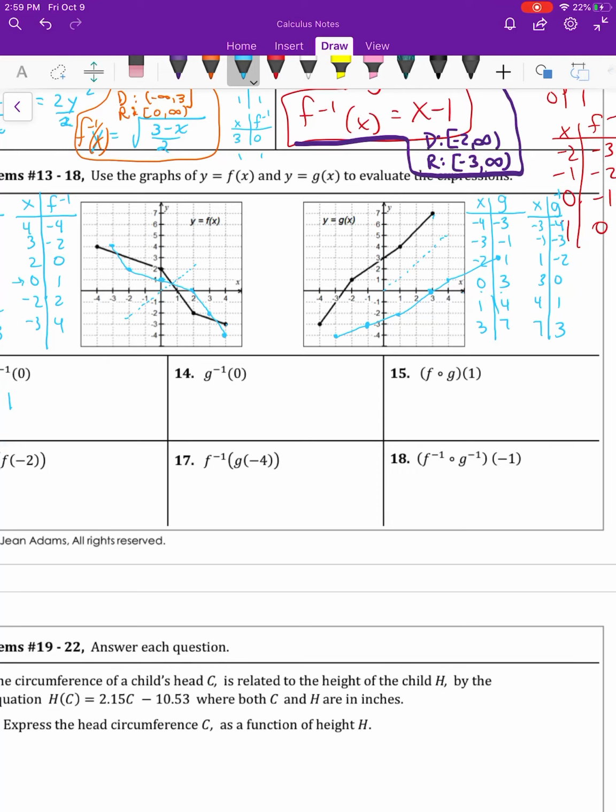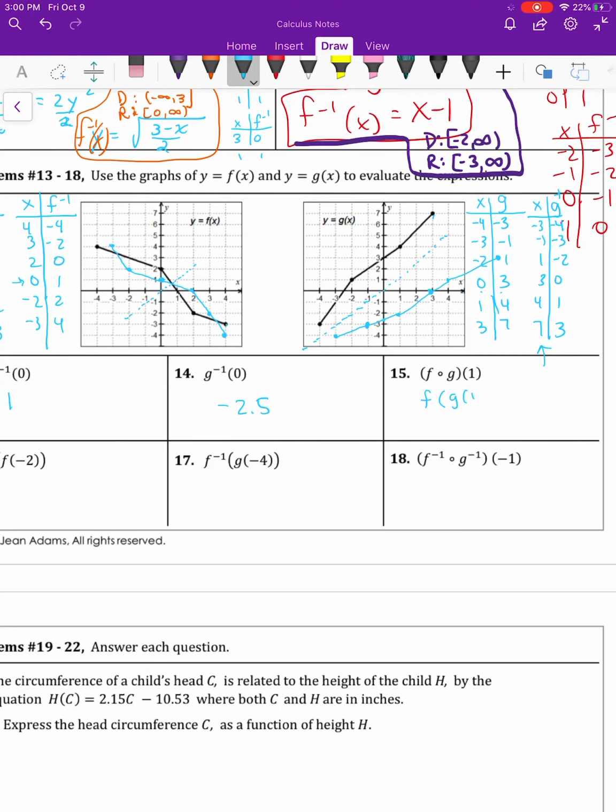And again, if this was y equals x, it's a reflection across the line y equals x. So my G inverse of 0, you're actually going to have to estimate it because I don't see an x equals 0 here on the list of G's. So when I look at G inverse of 0, it looks like about negative 2.5.